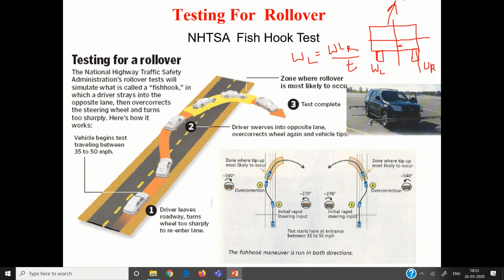So I'm taking the turn like this, which means this becomes inner and this becomes outer, so lateral load will increase. That load is W AY by G, H by T.